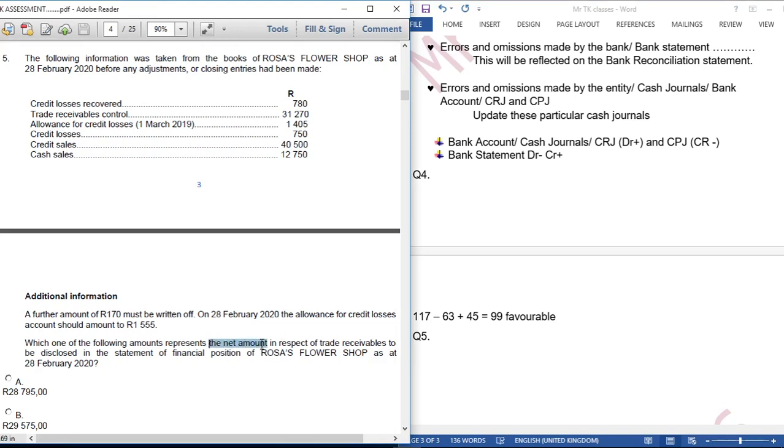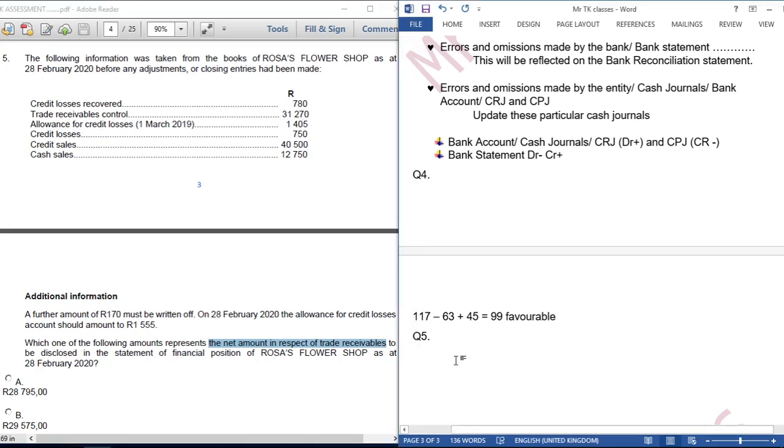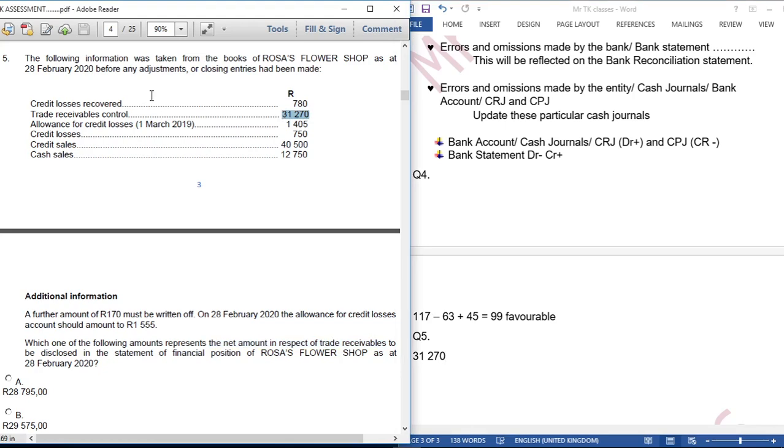The net amount in respect of trade receivables. Where is that amount? Trade receivables control, 31,270. So we need to correct this 31,270. Everything that is here was catered for already.